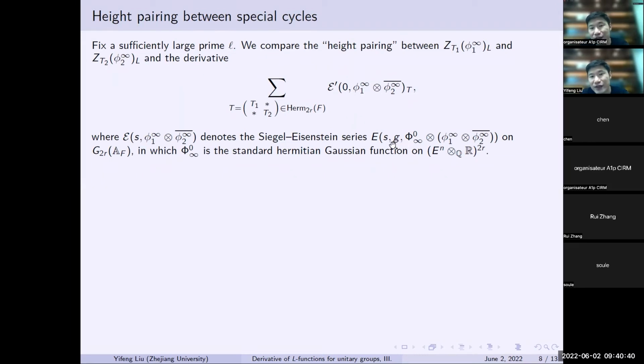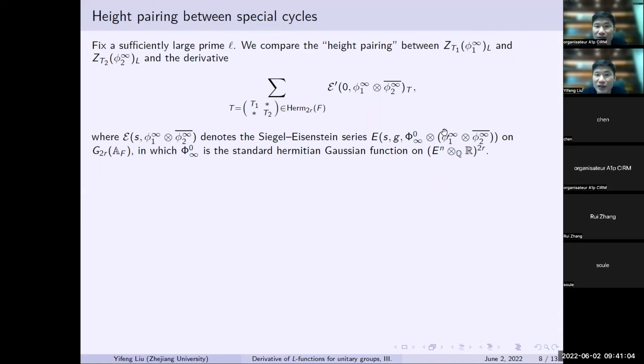Recall that yesterday we introduced the Ziegler-Eisenstein series on the doubling unitary group G_2r, and it has a Schwartz function on V_2r, right? So here is the finite part, and at the Archimedean part, we patch it with the standard Hermitian Gaussian function on this space.